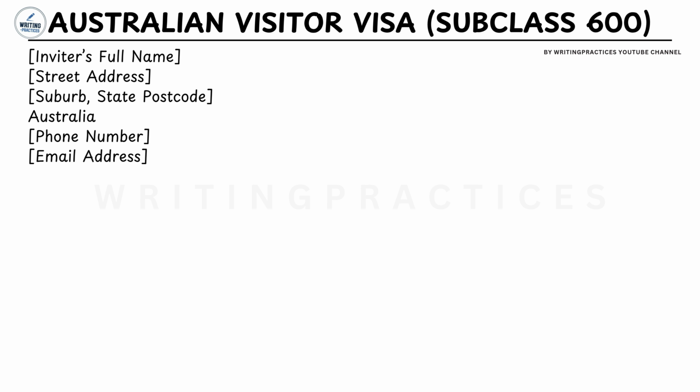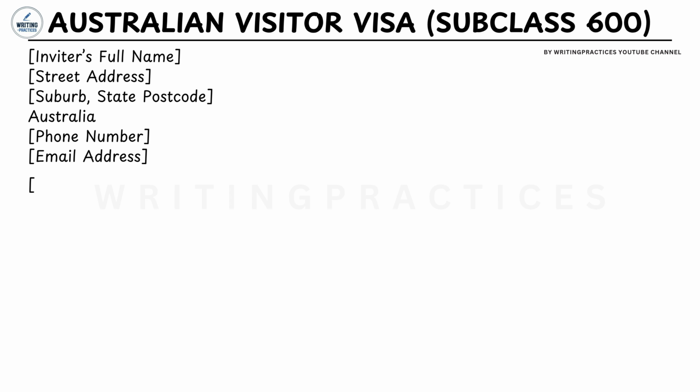This information is important because it identifies who is inviting the visitor and confirms that the invitation is coming from a real resident of Australia. It also allows immigration officers to contact you if they need clarification or additional verification regarding the application. Make sure your address matches the proof of residence documents you attach.